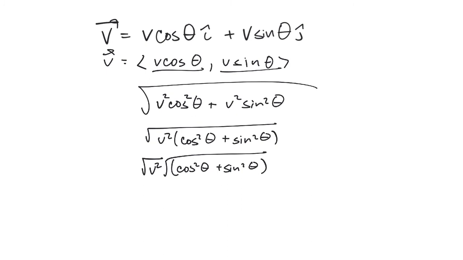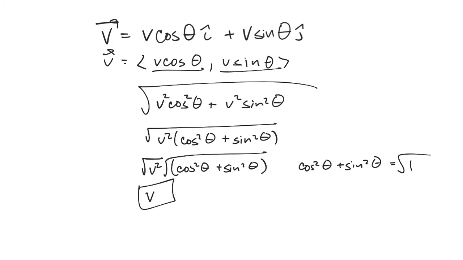The square root of v squared is just v. And if you know your trig identities, cosine squared theta plus sine squared theta equals 1, and the square root of 1 is 1. So we just get v as the magnitude of v. It's nice and easy. We've just shown that our generic vector notation does in fact work.